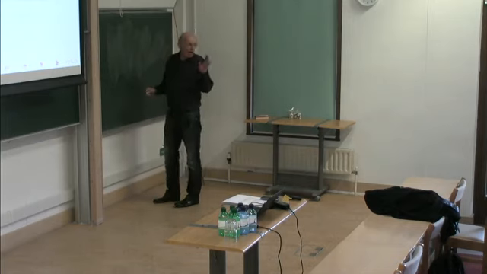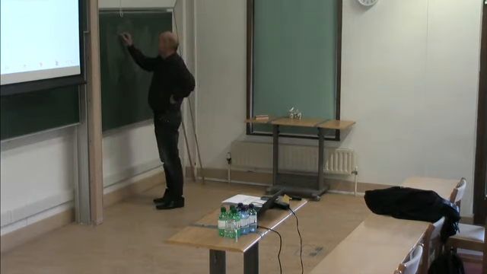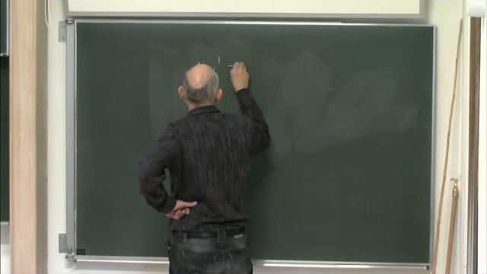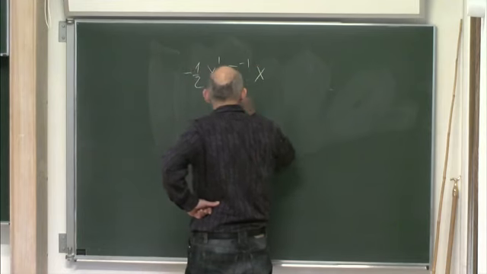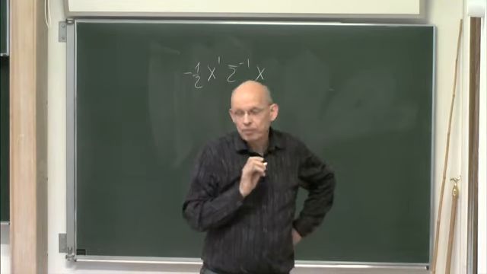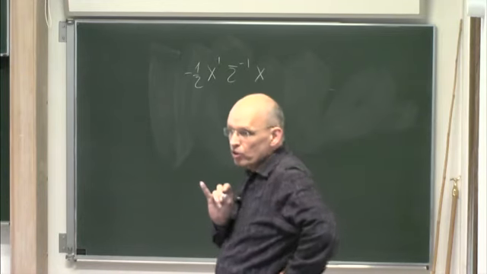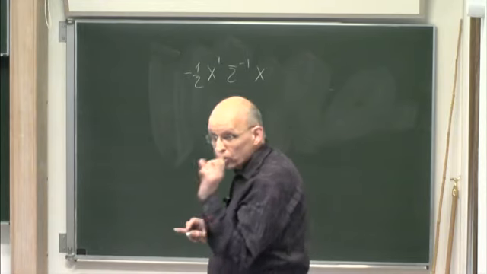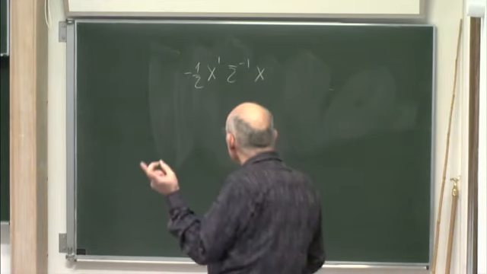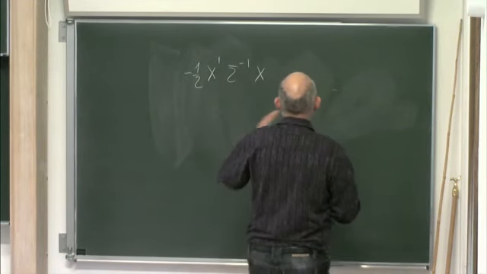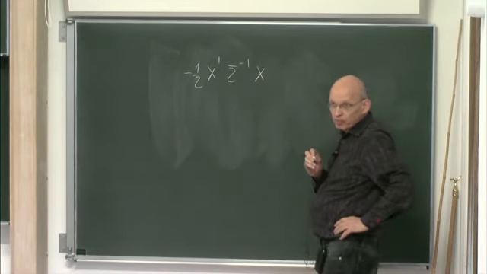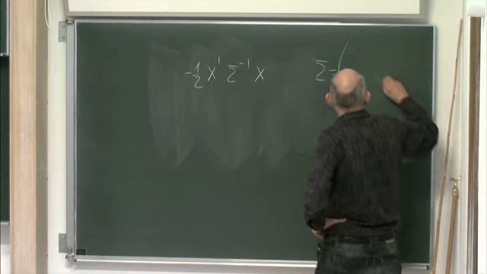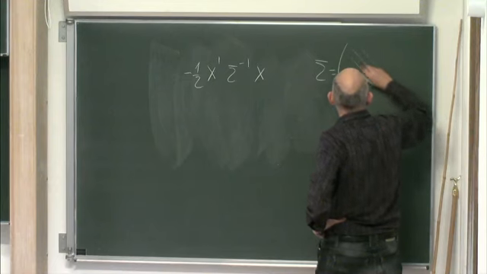How does a Gaussian likelihood look? Well, you all know that it's the exponential of minus 1/2 x' Σ^{-1} x. This has nothing to do with time series, nothing to do with locally stationary processes. Now, for stationary processes, this Σ is a Toeplitz matrix. What is a Toeplitz matrix? Σ is basically of this form. This is a Toeplitz matrix.